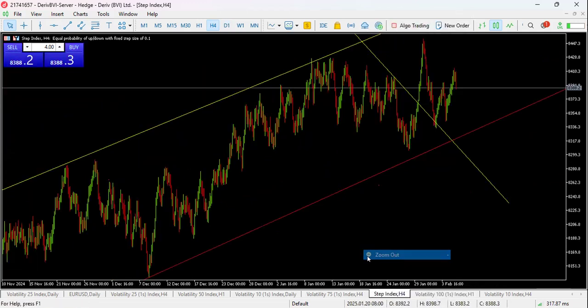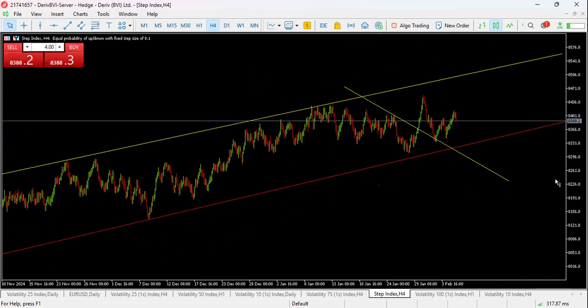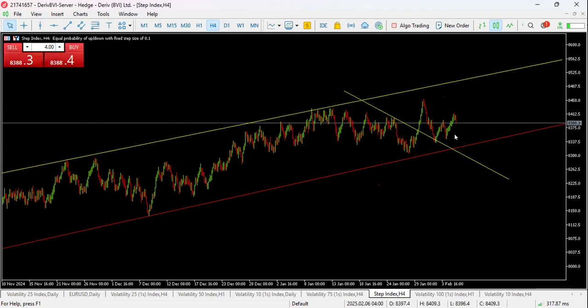The buyers are not strong again, so if the market is going to come down, once it is getting close to your trend line and the market breaks, go to a smaller time frame like 15 minutes or 5 minutes to see the breakout and retest back to this trend line.